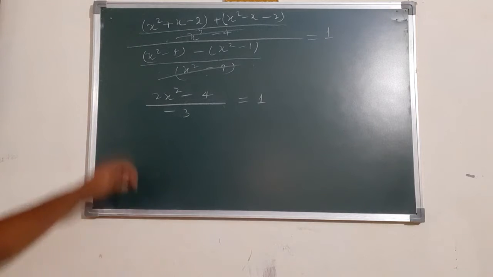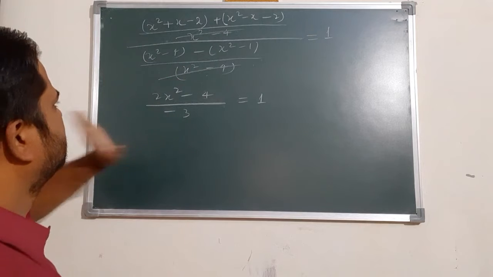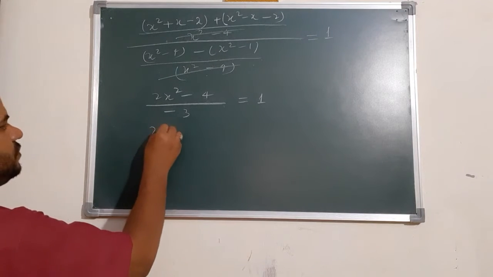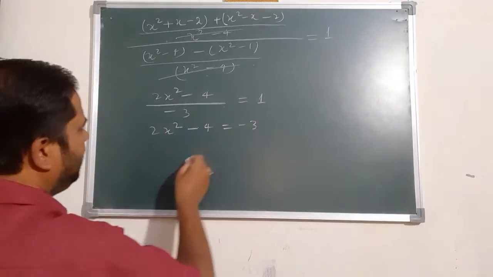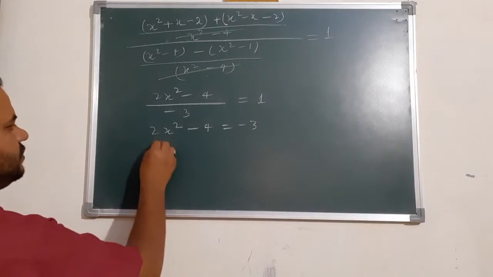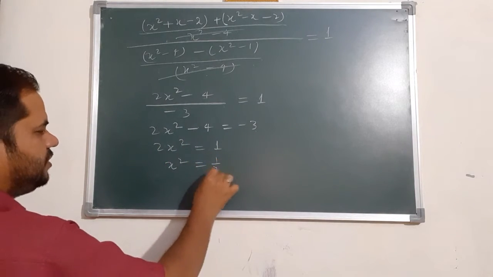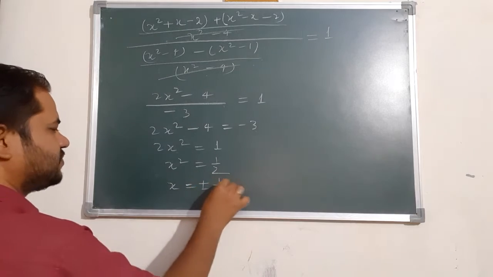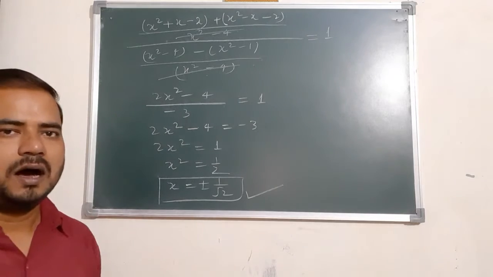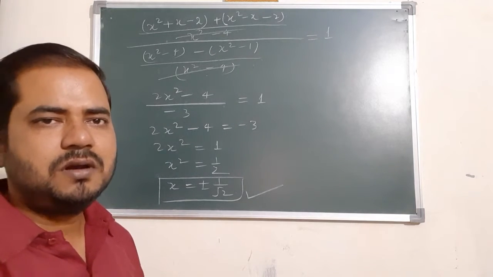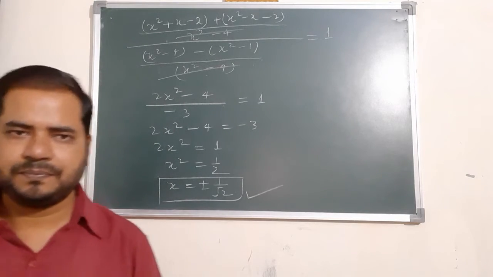So 2x square minus 4 is equal to minus 3. Okay, so 2x square is equal to 1. So x square is equal to 1 by 2. So x is equal to plus minus 1 by root 2. So this is the answer for question number 15. So please note it down and match the answer.